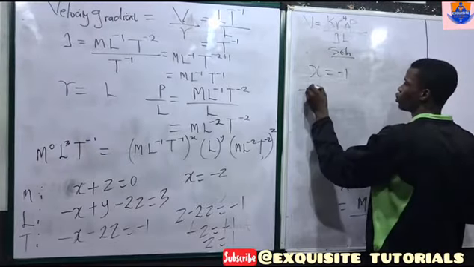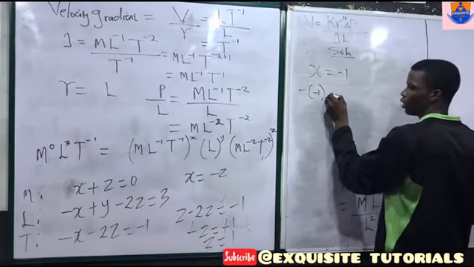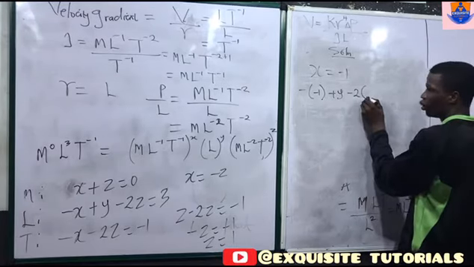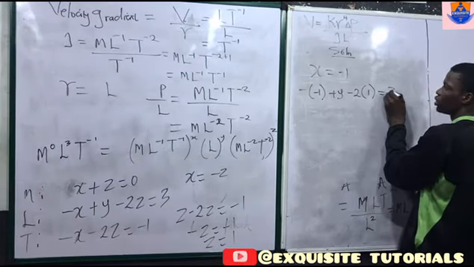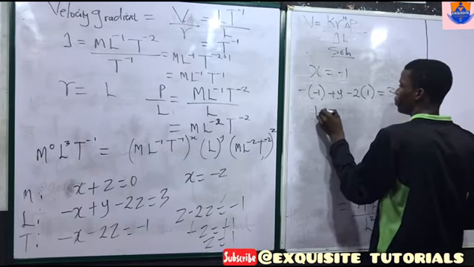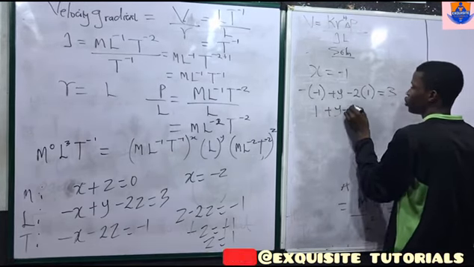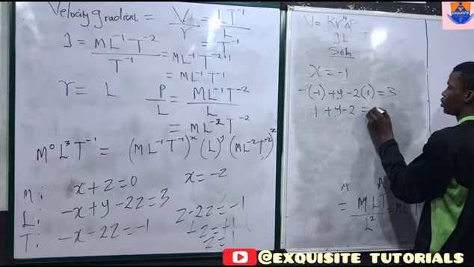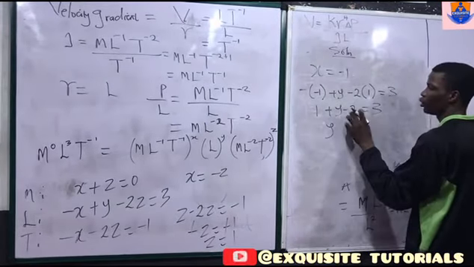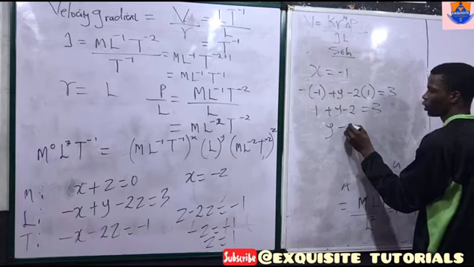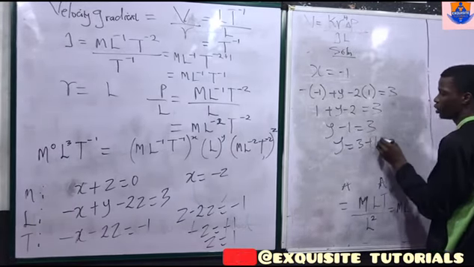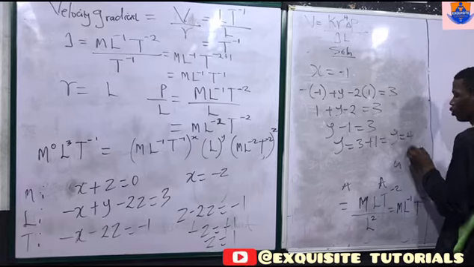So minus bracket minus 1, plus y, minus 2 bracket, with my z value being 1, is equal to 3. Minus times minus will give you plus, so it will be 1 plus y minus 2 equal to 3. So 1 minus 2 gives us minus 1 is equal to 3. So our y is now equal to 3 plus 1. So our y value is equal to 4.